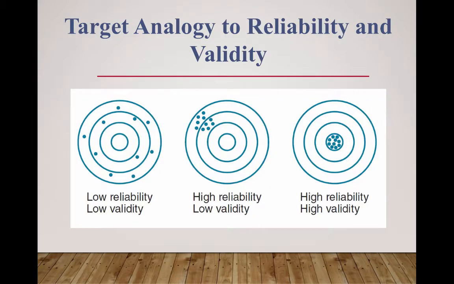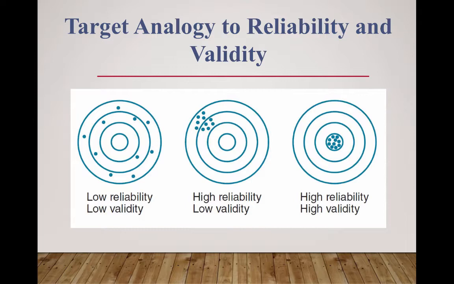This target analogy, I feel like, is very helpful in explaining the difference between these concepts of reliability and validity. So the first target shows low reliability and low validity. The scores are not consistently grouped in one area, and they're not near the bullseye. The second target shows high reliability and low validity. So you see a bunch of them grouped in one spot, but it's not in the center of the bullseye, which is obviously the goal.